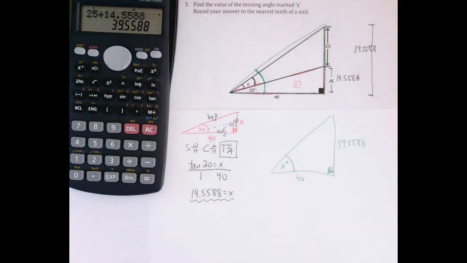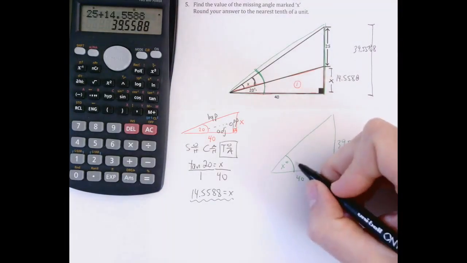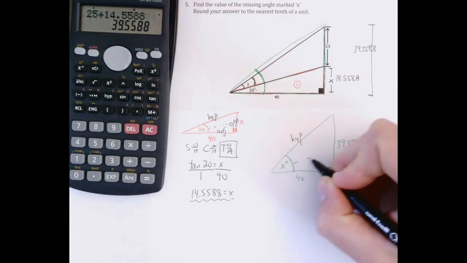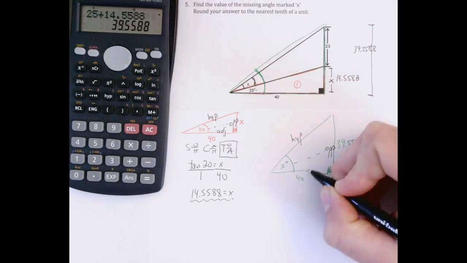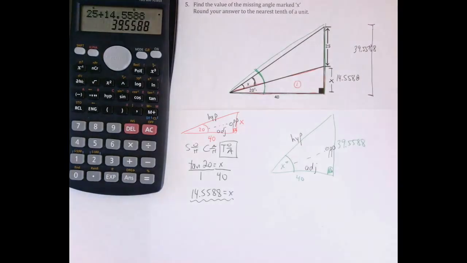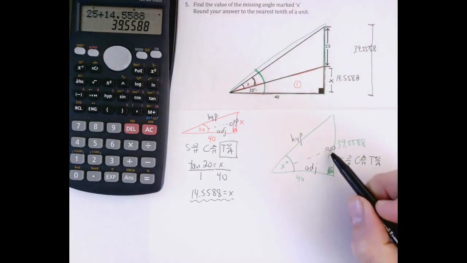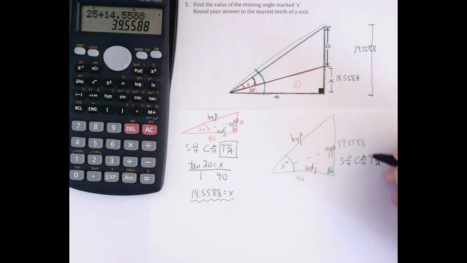So here, I've decided which angle I'm working with. It's this one. So I'm going to label across from the 90 is hypotenuse. Across from the angle I'm working with is opposite. And the other side is adjacent. So out of Soh Cah Toa, I'm going to use opposite, adjacent, O and A. That's tan again.